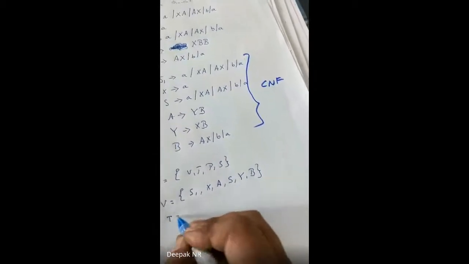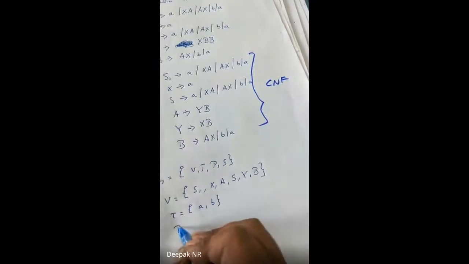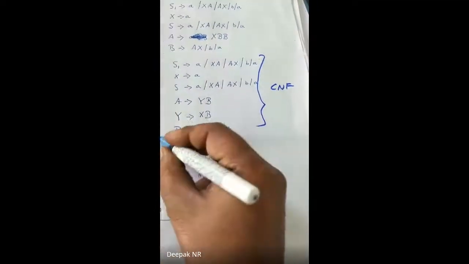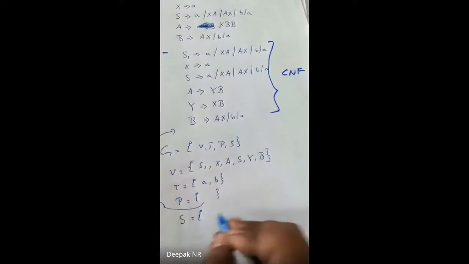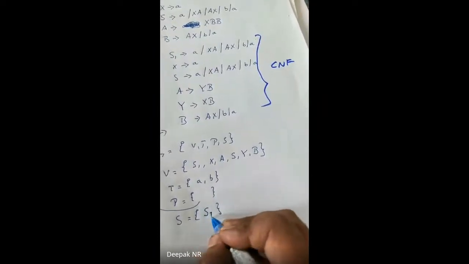And the terminals used are a and b. And the productions are these. Now you tell me the start symbol. The start symbol for the given machine is S1. Perfect. Is that clear, guys?